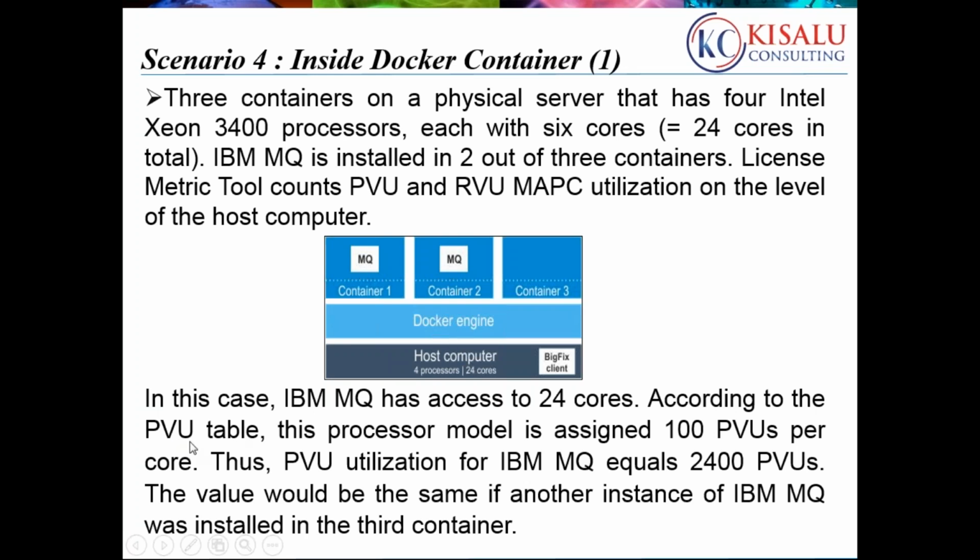So if you go into the PVU table and the table says that you are assigning a value of 100 to each PVU per core, it means our MQ, which is running on 2 containers, will have access to the full 2,400 PVUs. If we also installed another MQ here on a 3rd container, the value will stay the same because MQ as a whole will still have access to only 24 cores.